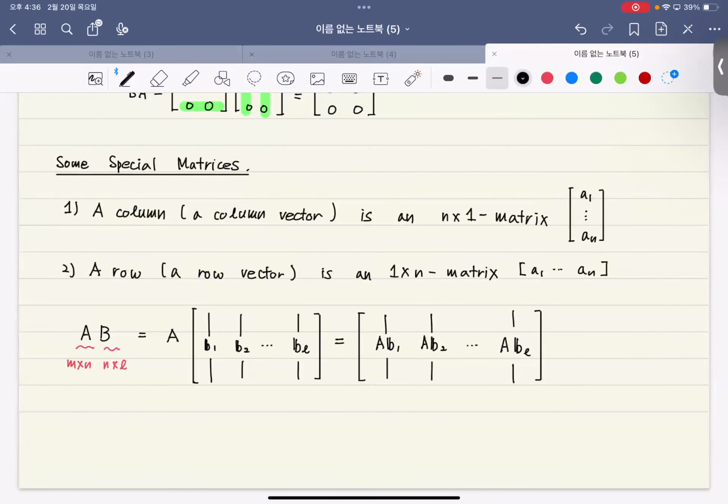Okay, then what about this? Well, I can view my matrix A as a collection of m row vectors, and then the resulting matrix is A1 times B. This is still a row vector.